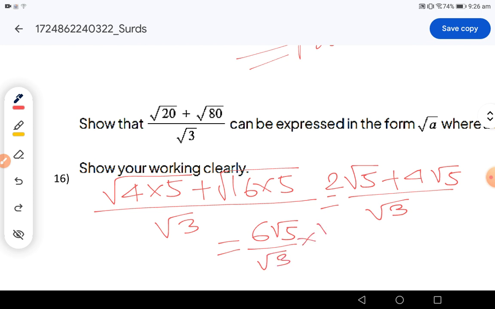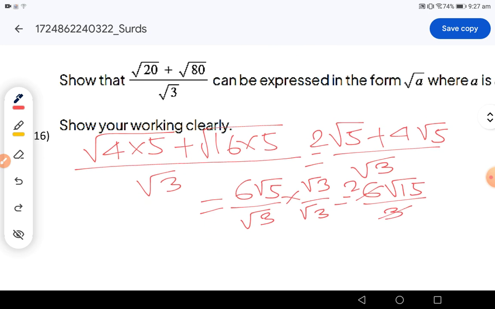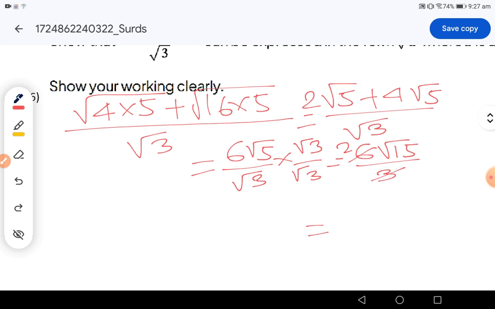Now again multiply by root 3 and divide by root 3. So 6 into 5 into 3, 15, and by 3. 3 times 2, 6. So the answer is 2 root 15.